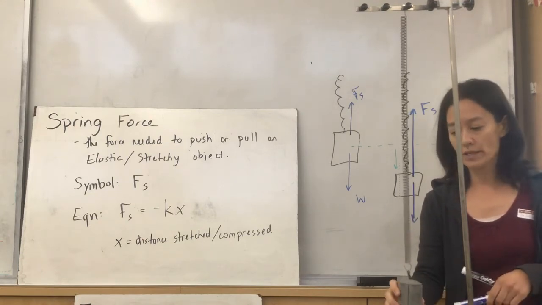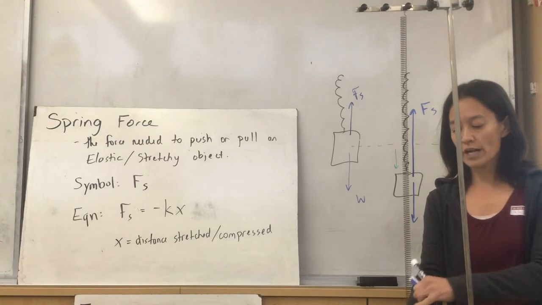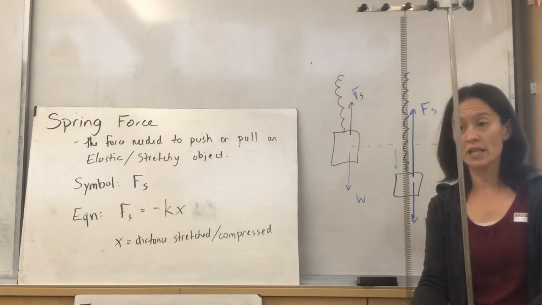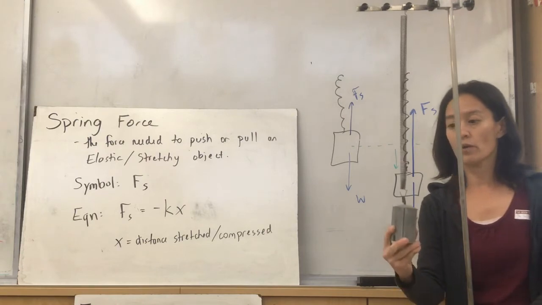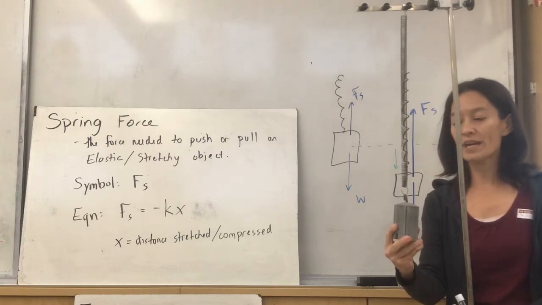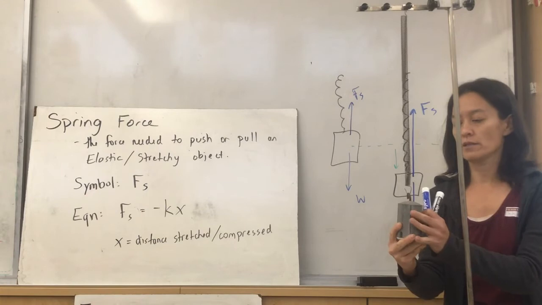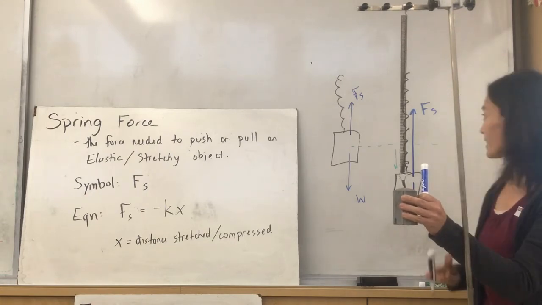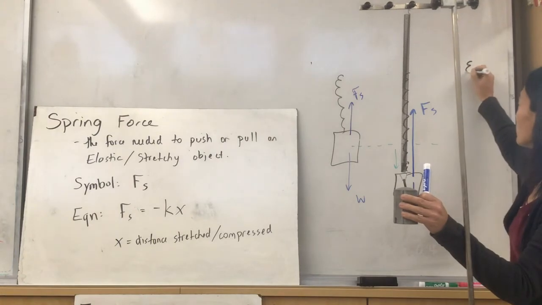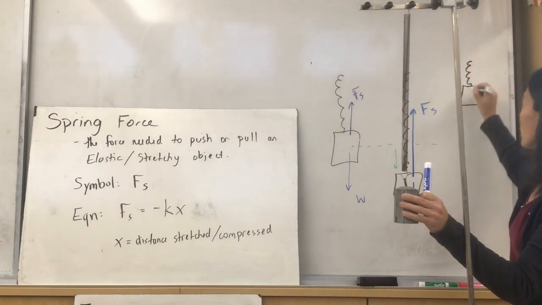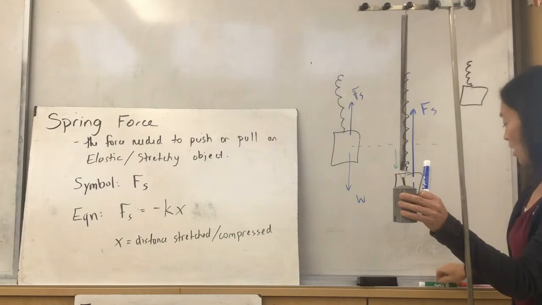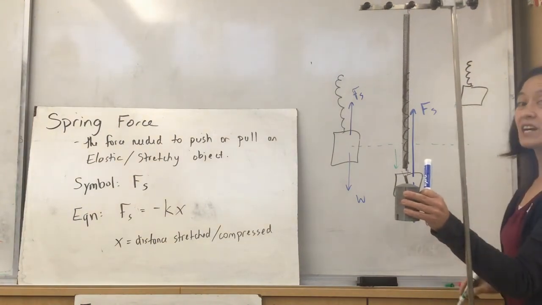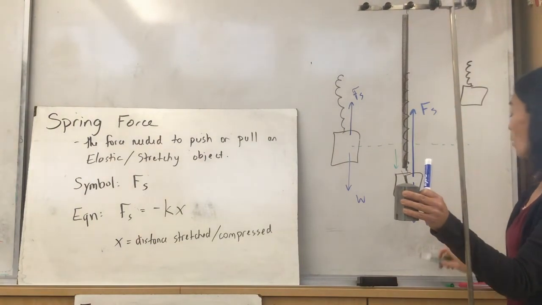Now watch what happens. If I pull it down, my spring force is bigger than my weight, so it's going to pull it up. It's going to accelerate up. Now when I get to this point, this is going to be tricky to draw. My object's up here, and if it's moved up, my x value has gotten smaller.